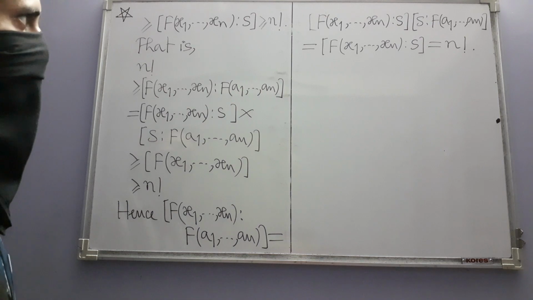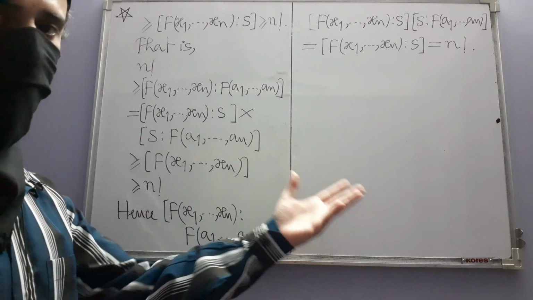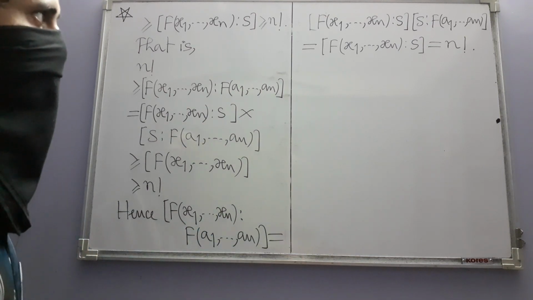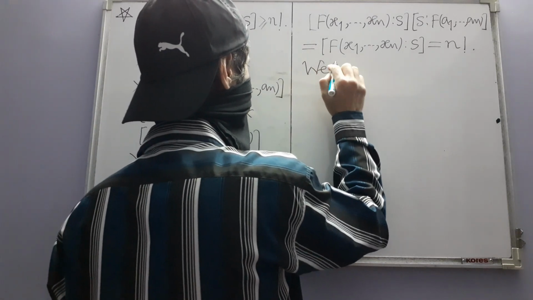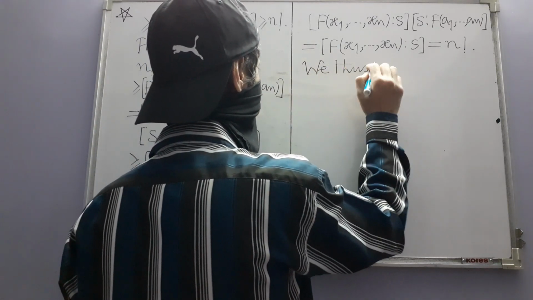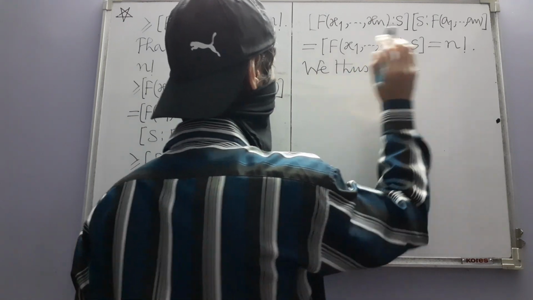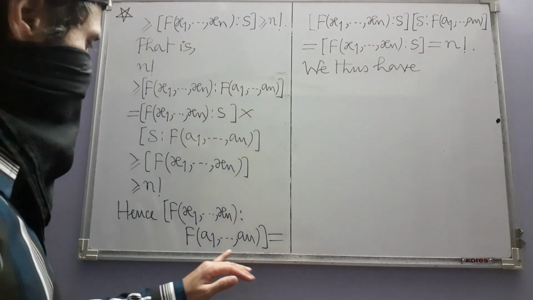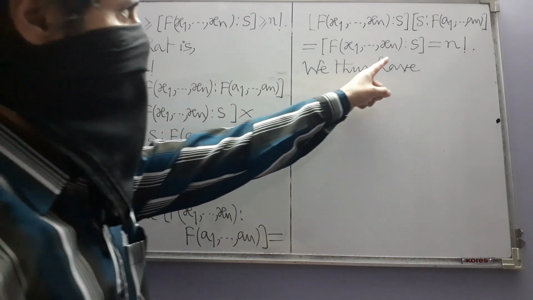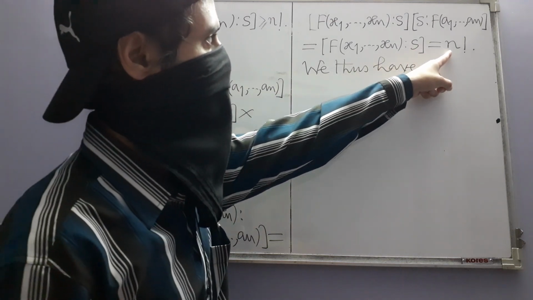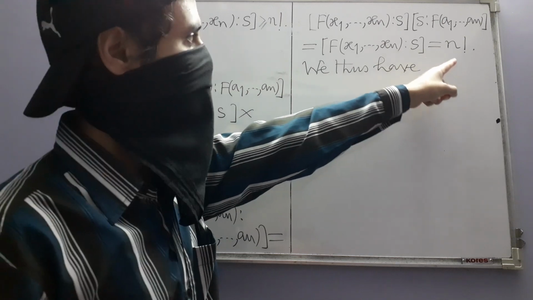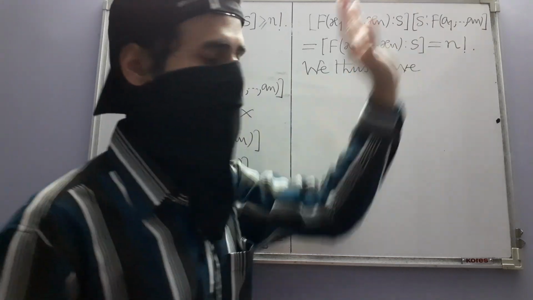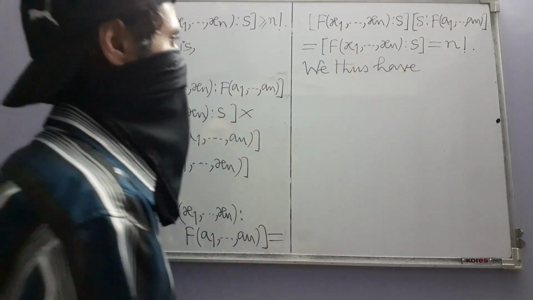Now from these equalities we immediately conclude some things. We thus have mainly two things. First, we see that since this is equal to n and at the same time this product is also equal to n, so this must be equal to 1.